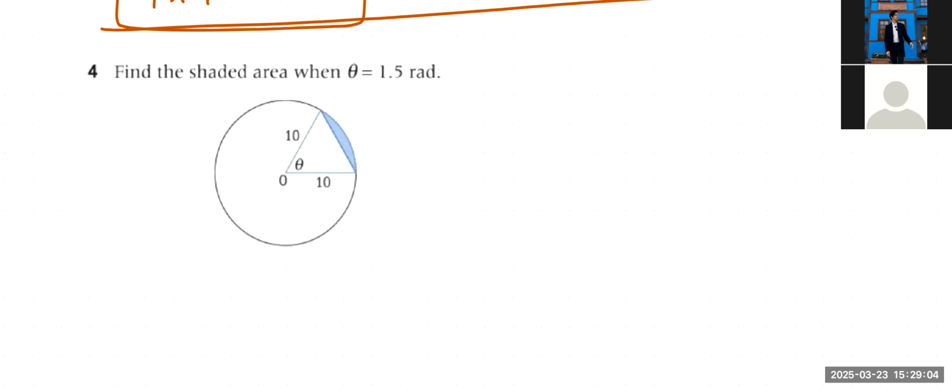So would you find the area of the entire sector and then find the area of the triangle and subtract them? Nice. Good job. Exactly.